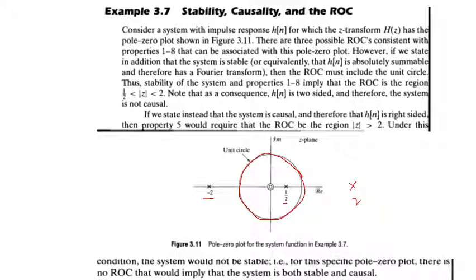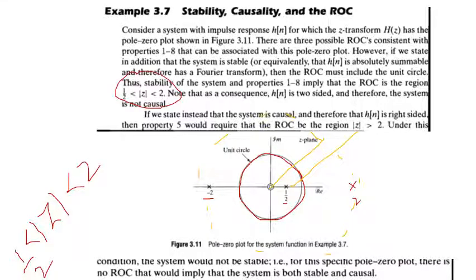It doesn't matter because we are going to take the mod. There is a circle, let's say here. If this is right-sided and this is left-sided, only then can I include this unit circle. So z mod should be greater than 1 by 2 and z mod should be less than 2. If this is the region of convergence, only then the unit circle is included and the signal will be stable.